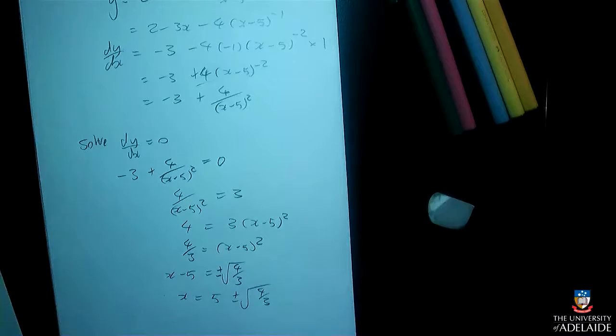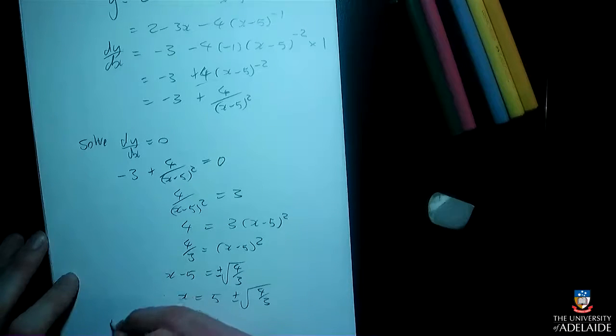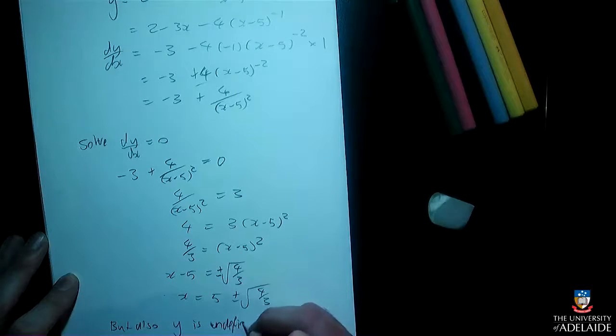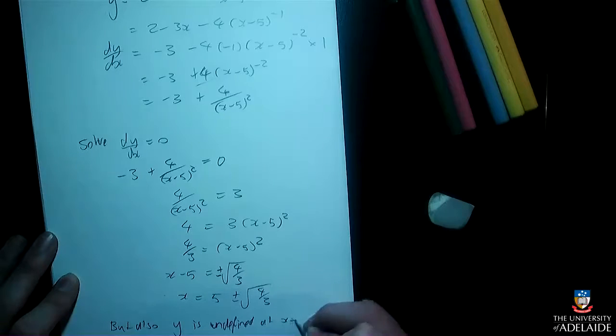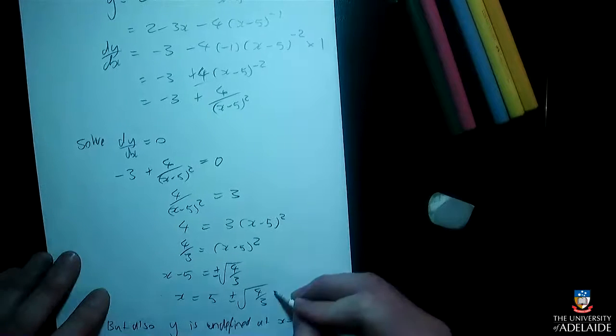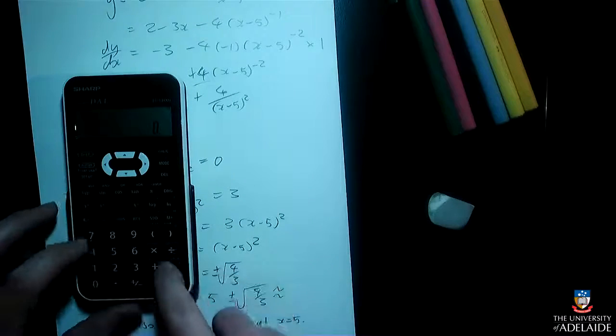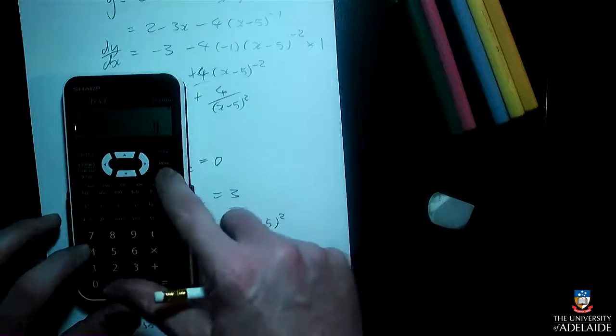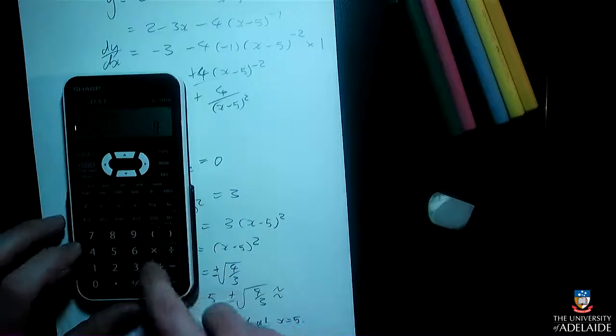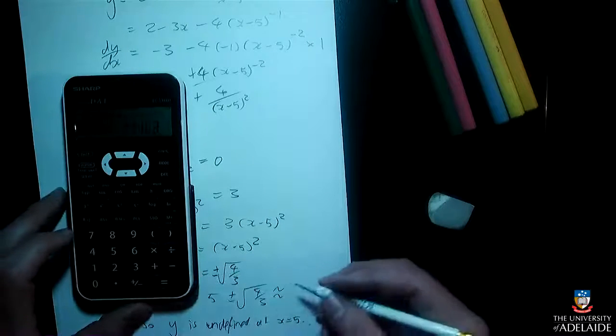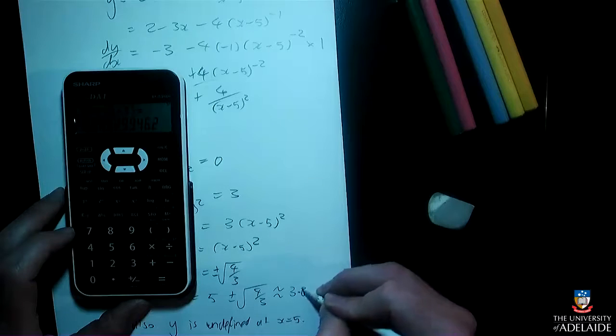Okay, but just a reminder, y is undefined at x equals 5, so I'm going to have to think about that. Let me just do an approximately equal to this. 5 minus the square root of 4 divided by 3 is 3.85-ish.